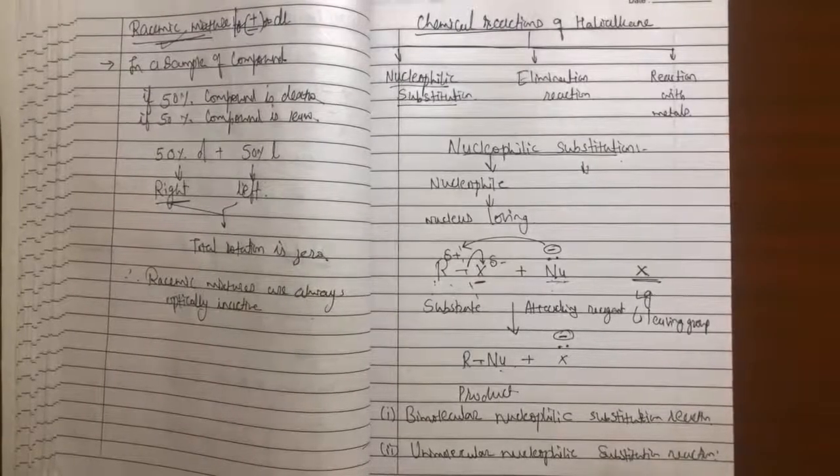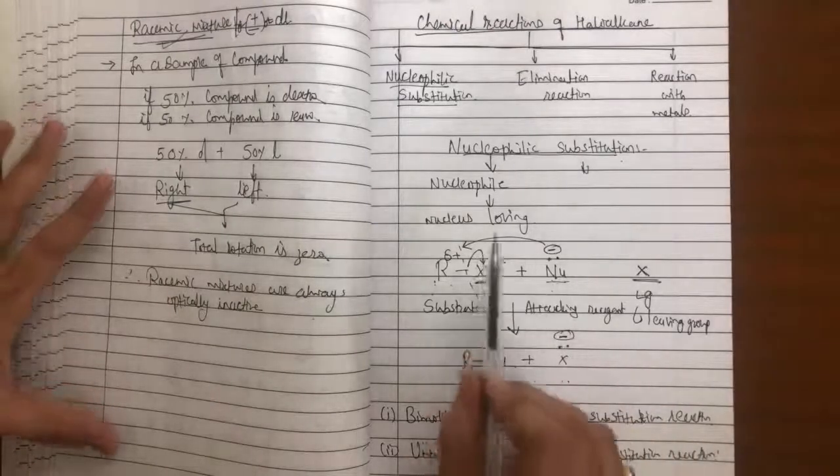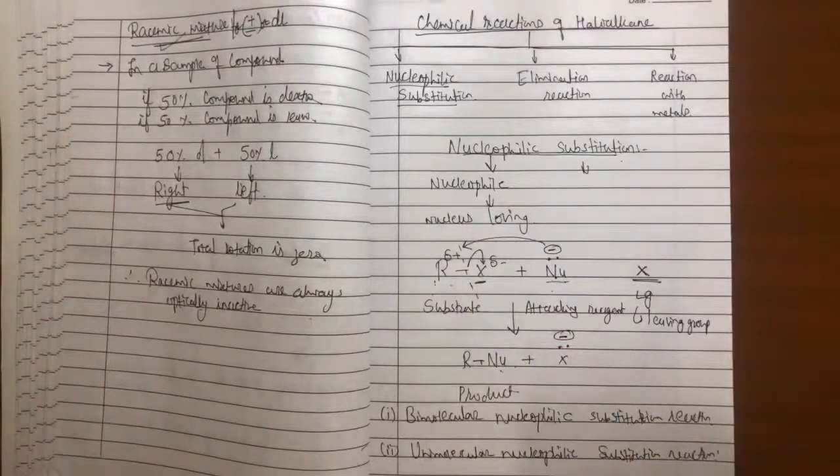optical activity, then enantiomers, dextrorotatory, levorotatory, all this knowledge we need. So I hope you have revised those topics and you are ready with that content also. Okay, so till now we discussed nucleophilic substitution reaction, nucleophile, the one which is nucleus loving.